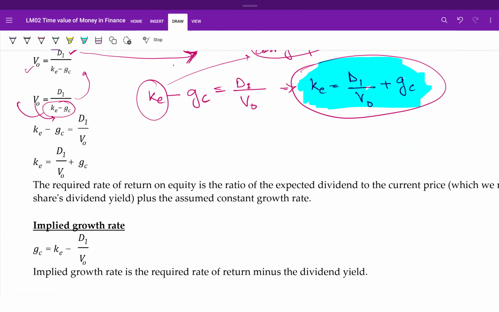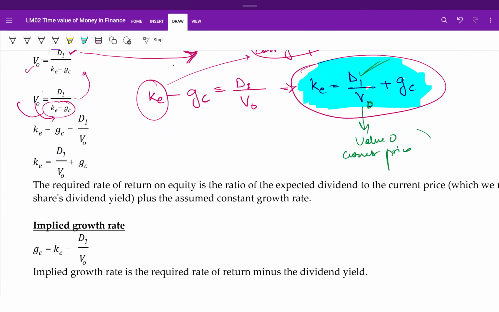So this is the required rate of return on equity, and this is the ratio of expected dividend to the current price, value at zero.